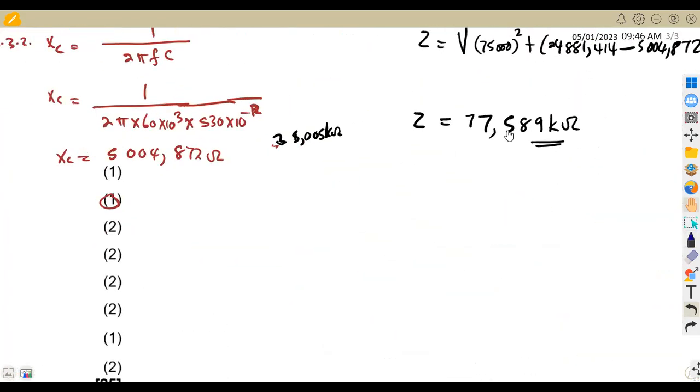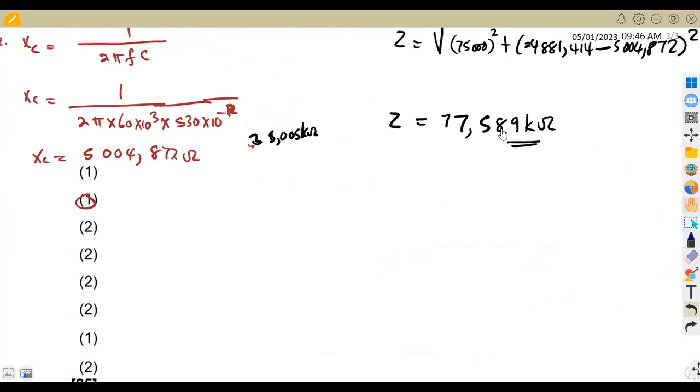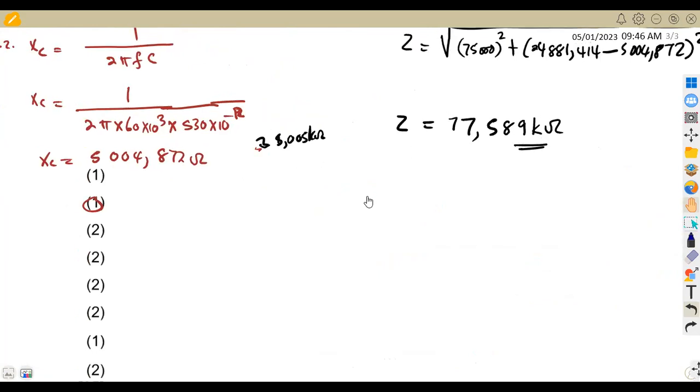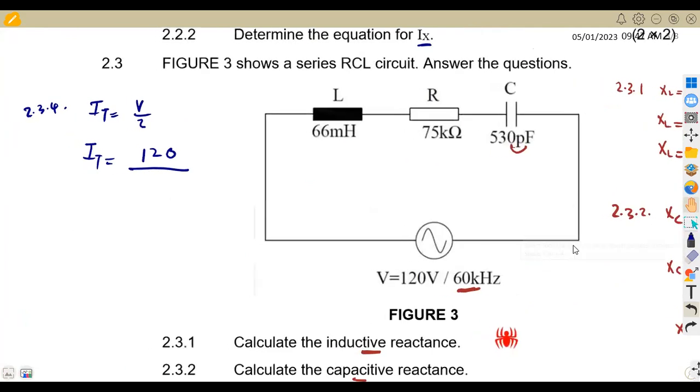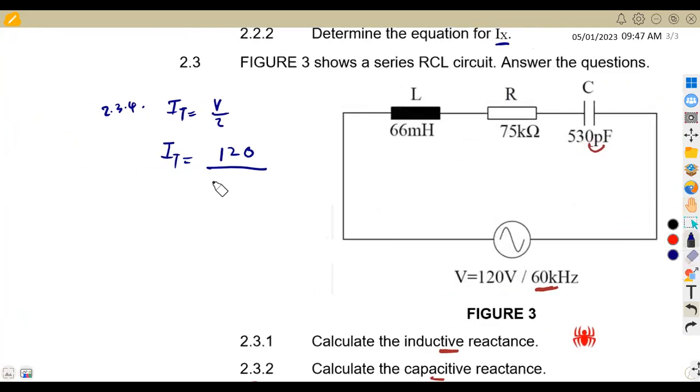Remember, our Z is 77,589 kilo ohms. So we are going to have this with kilo, which is to the exponent of 3. So this is going to be 77,589 times 10 to the exponent of 3. So we're going to have the total current from there.